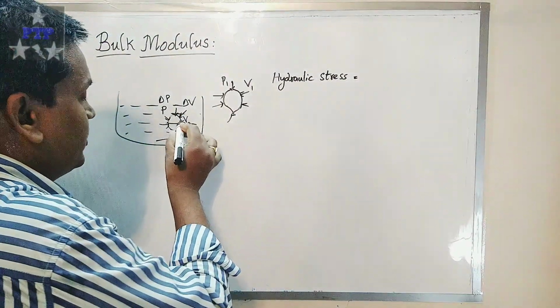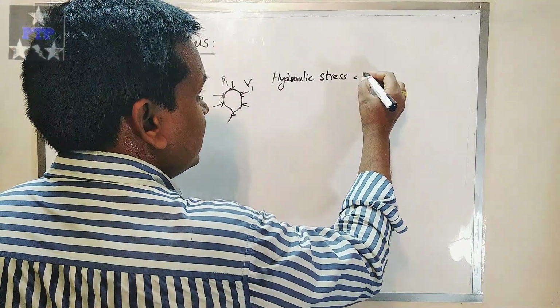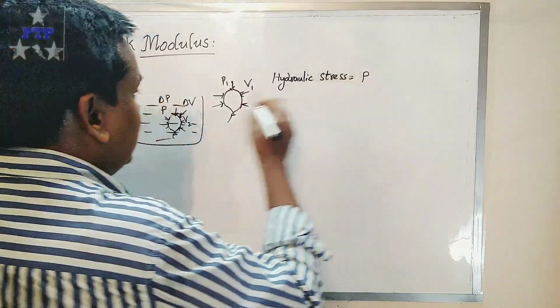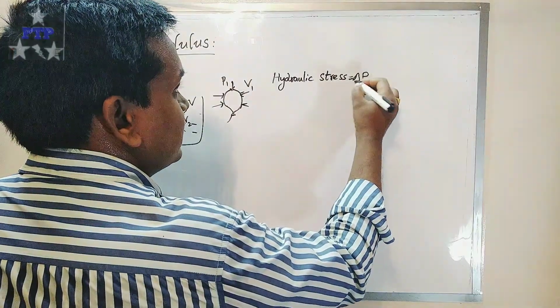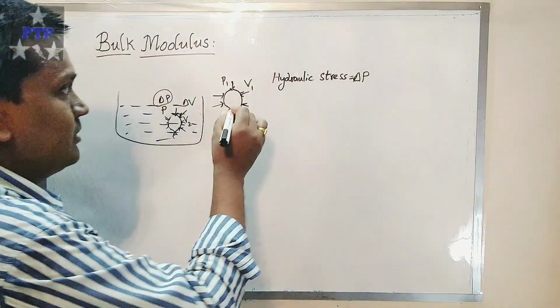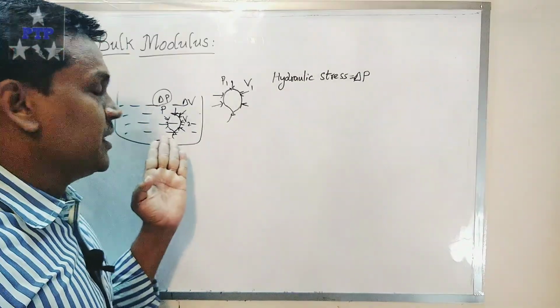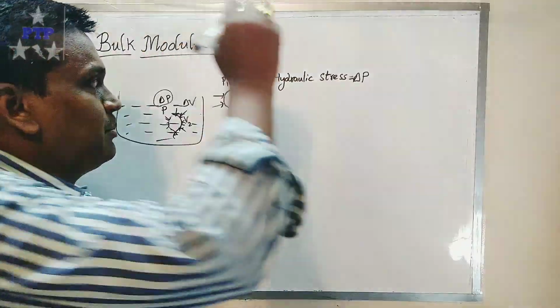Force is acting everywhere on the balloon, so directly you consider it as pressure, and one more thing, the change in pressure. Why? Because outside also there is some pressure acting on the balloon, and while dipping into the water also there is pressure. So we take it as delta P.